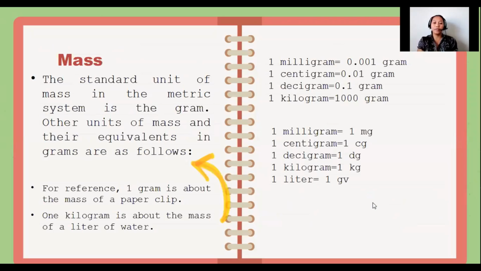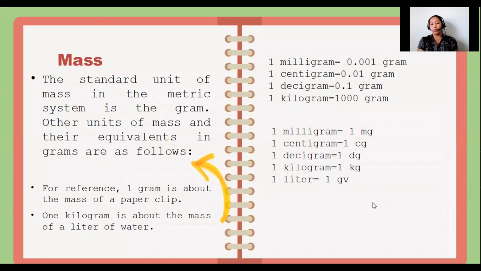Okay, next we have the mass. The standard unit of mass in the metric system is the gram. So gram is the standard unit of mass in the metric system. And other units of mass and their equivalents in grams are as follows. So for reference, 1 gram is about the mass of a paper clip.